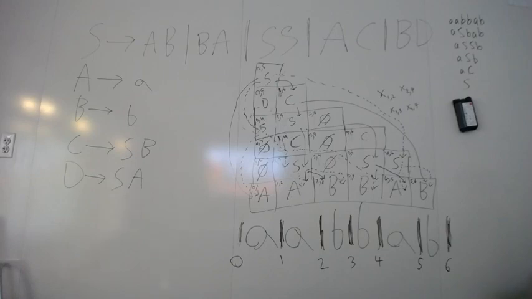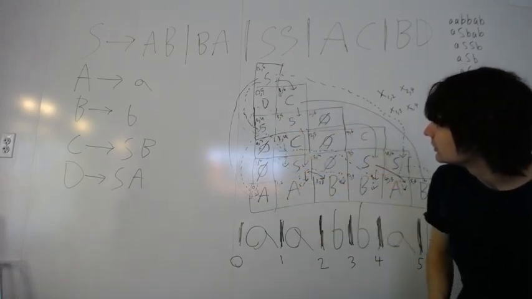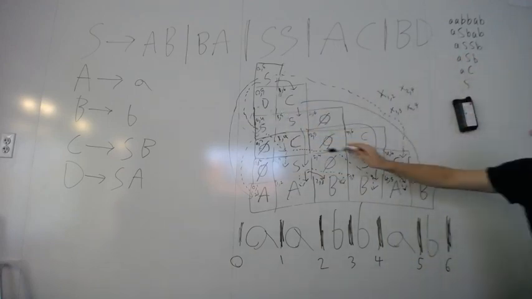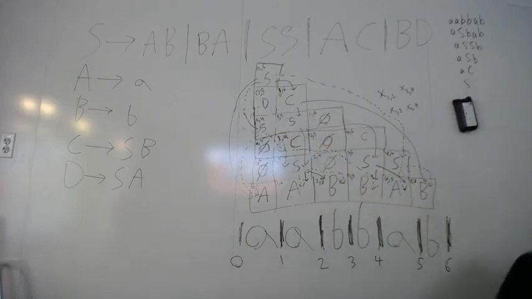You can't make SA though. What? I made A. Oh wait, I see what you're saying. If you were working backwards, we know because D is here that there was a way to work backwards and grab it and get a D somehow, right? Where did D come from? D came from SA, which was 0, 4, and 4, 5, which was SS.